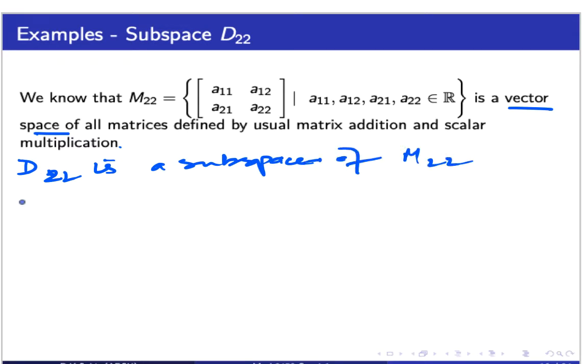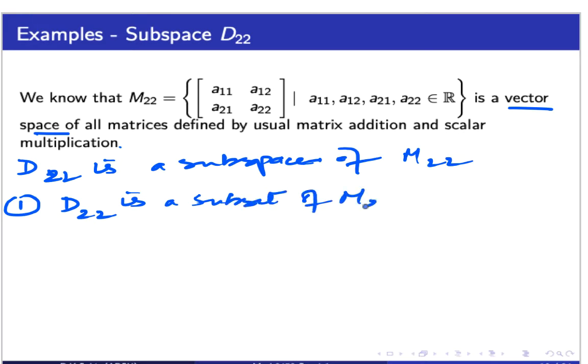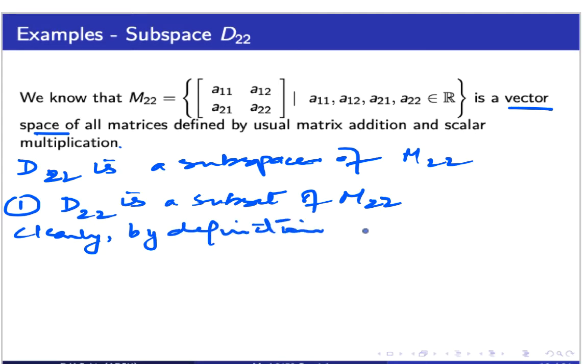Now, the first thing is, you have to prove that D22 is a subset of M22. Now, clearly, by the definition of D22, D22 is a subset. Remember what D22 looks like.